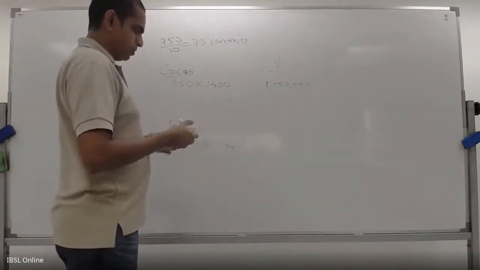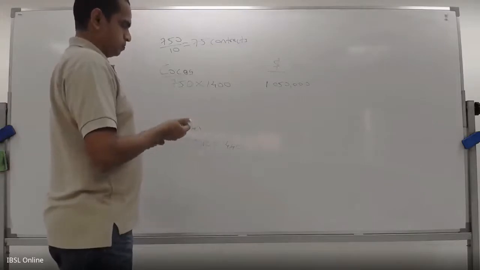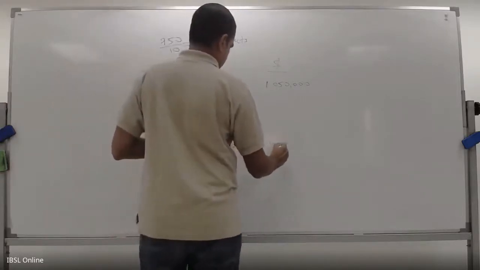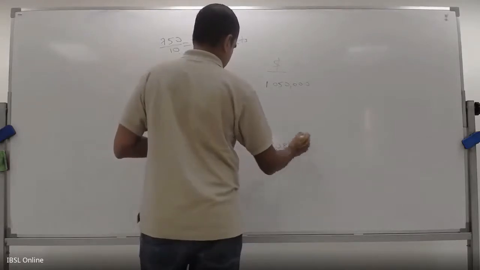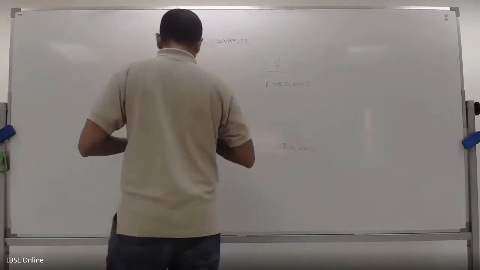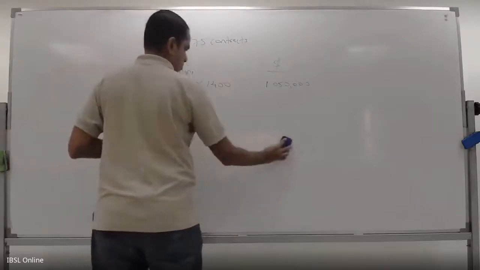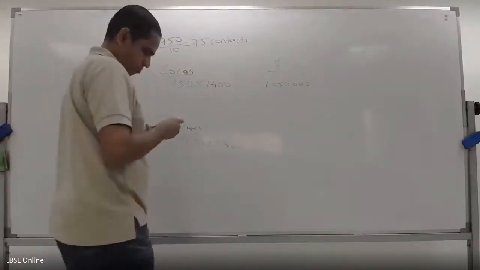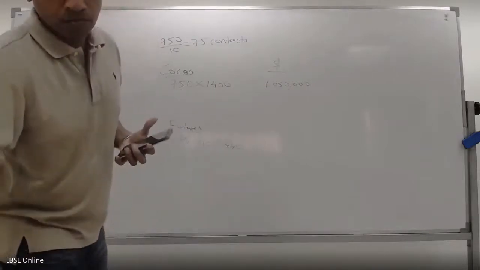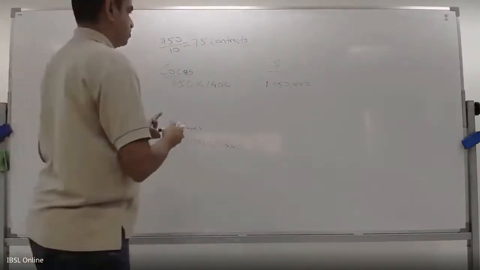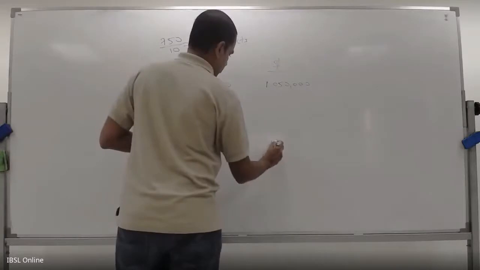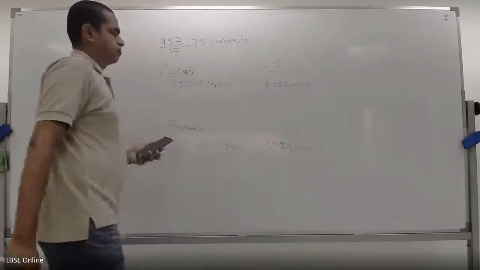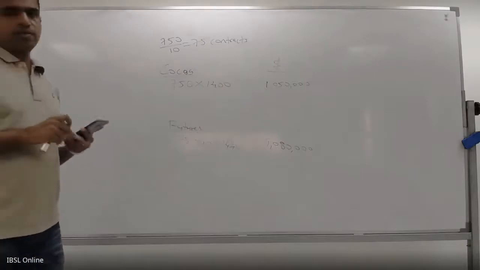Meaning on dollars, you will go short, 1,080,000.